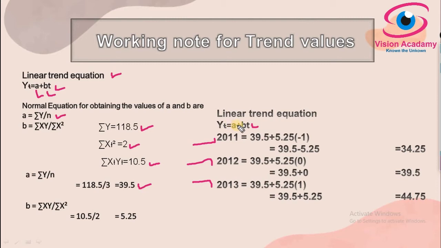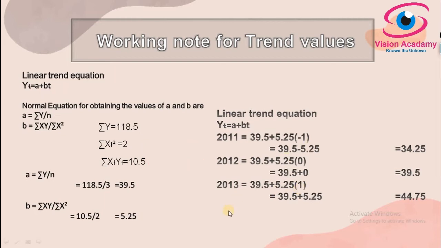So let us calculate the trend value for 2011. Here a is 39.5, b is 5.25, and the trend deviation for 2011 is -1, for 2012 is 0, and for 2013 is 1.